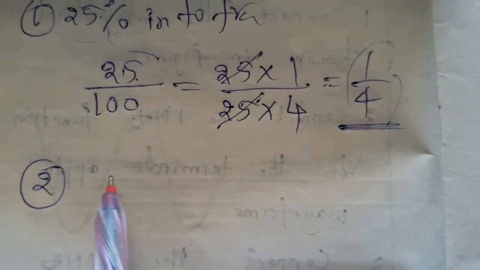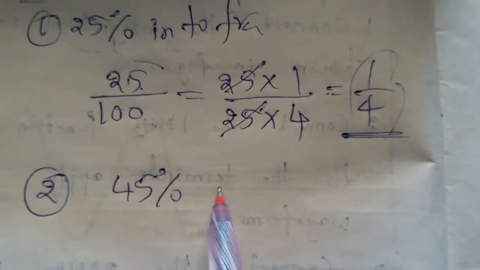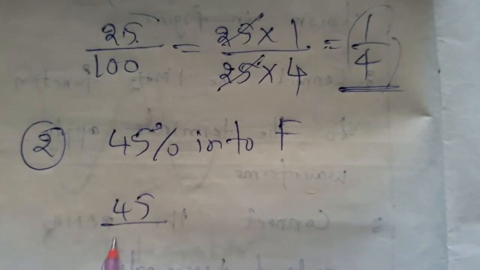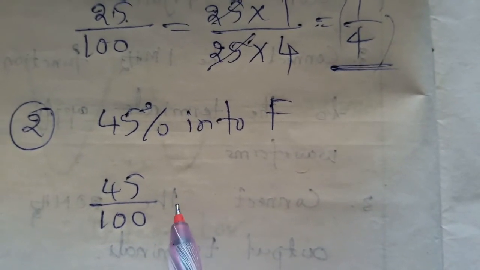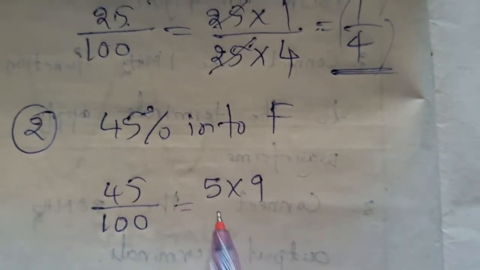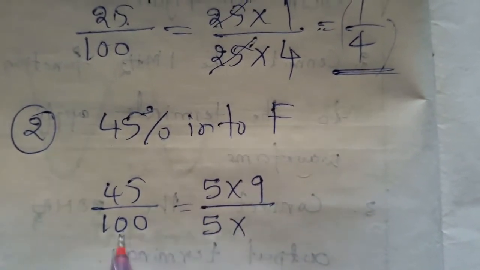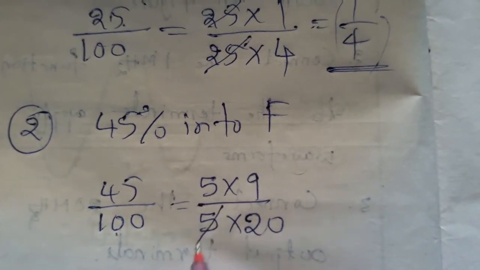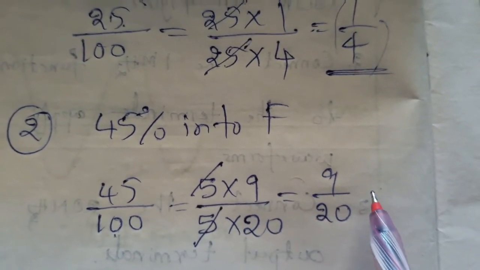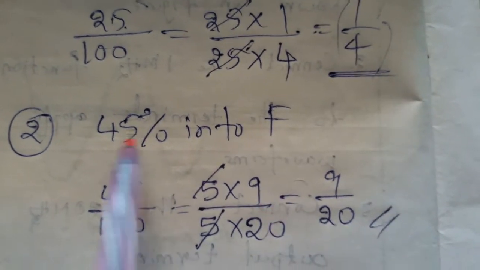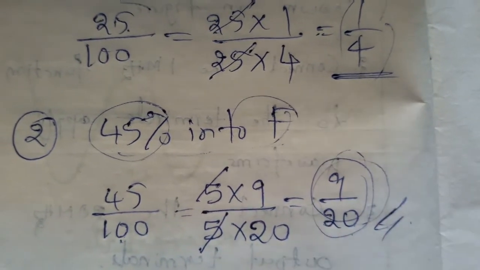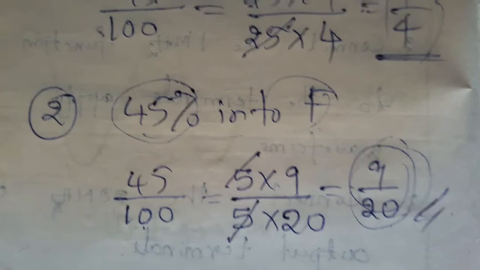Now the second one, 45% into a fraction, that means 45 divided by what? 100, isn't it? So 5 9s are 45, 5 20s are 100. So cancel 5 in numerator and denominator, that becomes 9 by 20, isn't it? So 45% can be converted into a fraction, it changes to 9 by 20. Like this, these are the conversions.